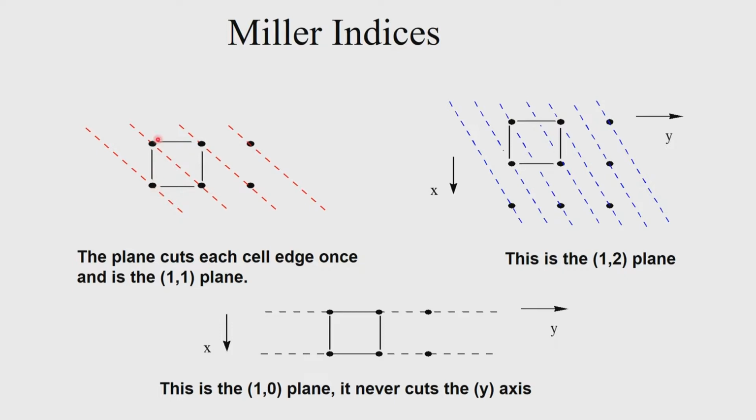This is A and that is B, C is coming out towards us. Now, if we want to represent 1 unit along A and 1 unit along B, these lines which we have drawn now represent the entire family of 1, 1.